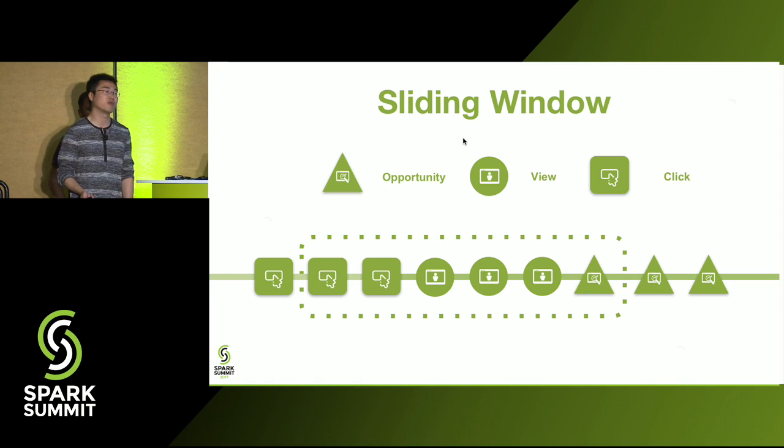Maybe there's something wrong with your Kafka topic where one topic gets delayed, and the click arrives first, then the view, and at last the opportunity. For such cases, we usually have pretty complicated business logic to correctly join the clicks with views and opportunities, and with the existing API, we find it not easy to do.